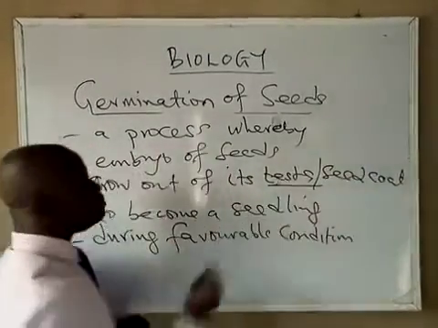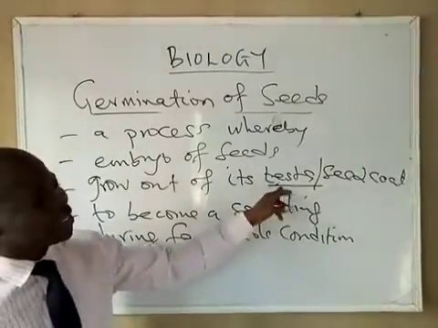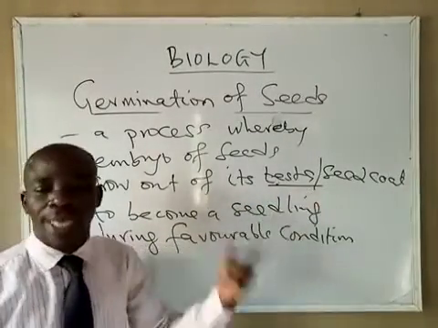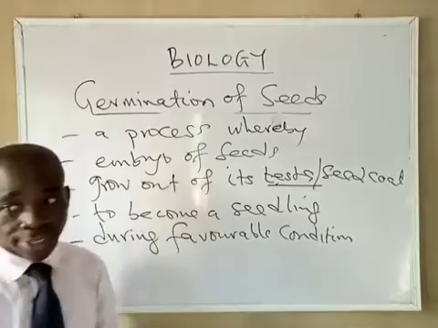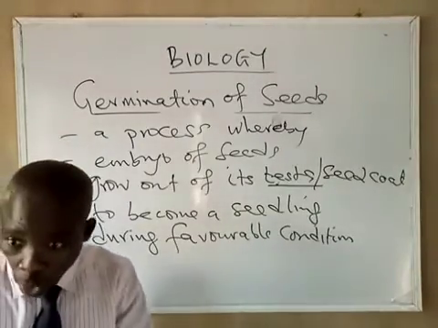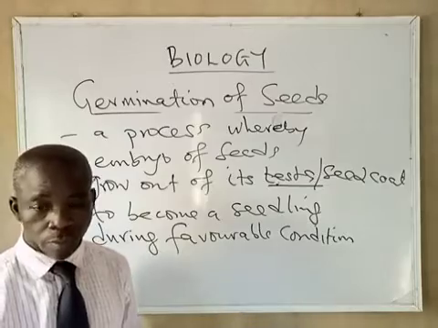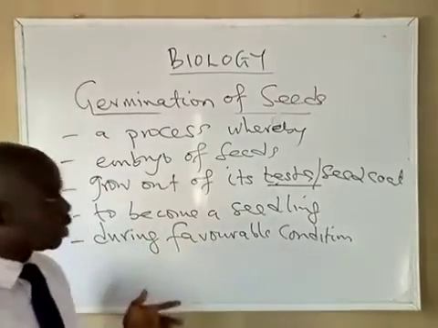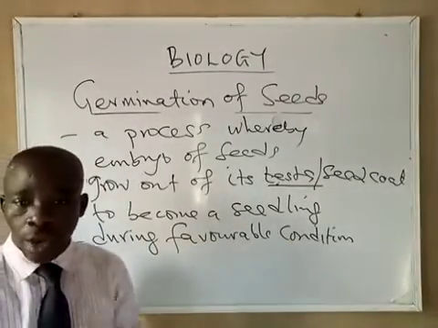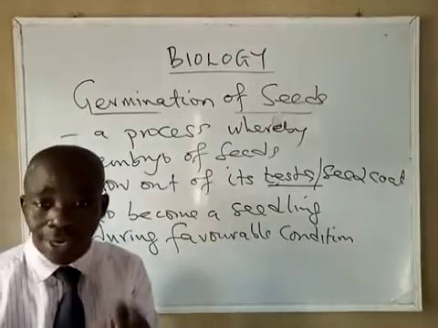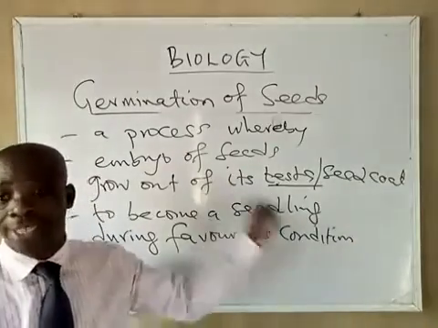The technical name for it is testa. Sometimes when you soak these seeds inside water, you are able to remove the seed coat, the outer covering. That outer covering is called the testa.